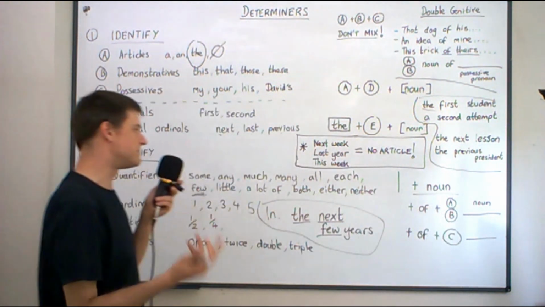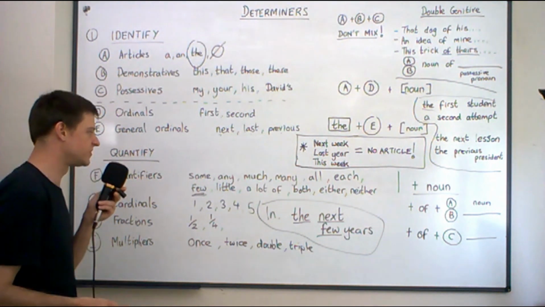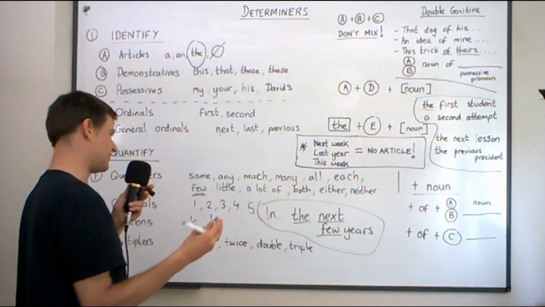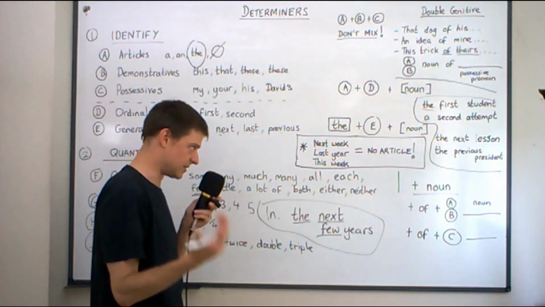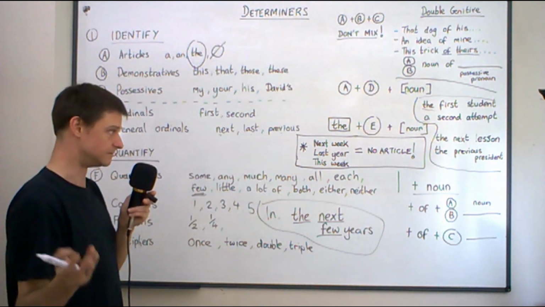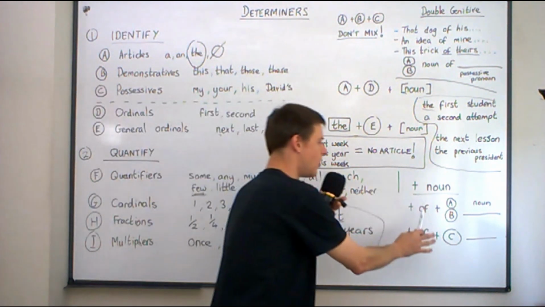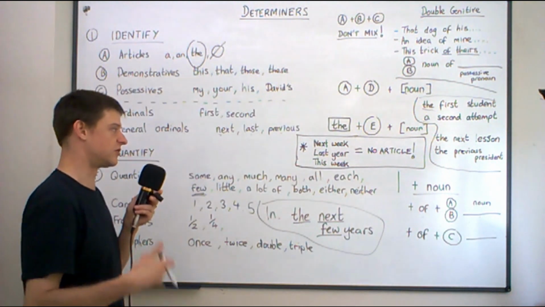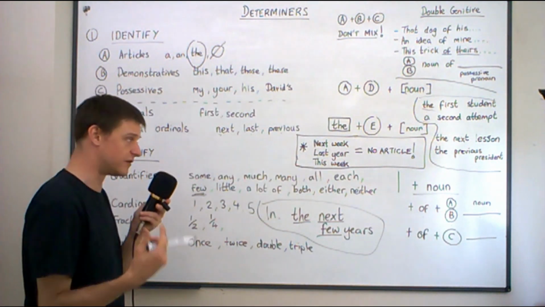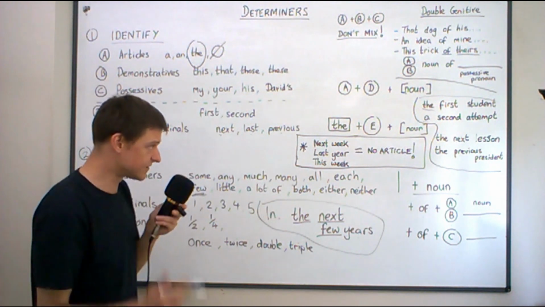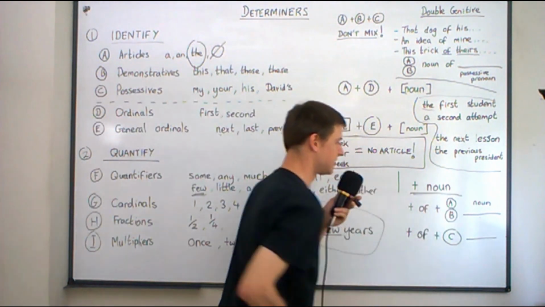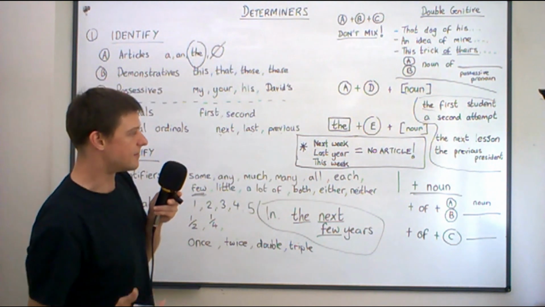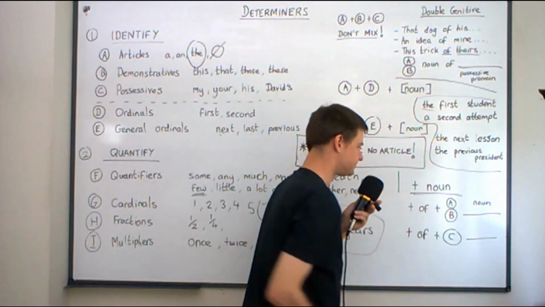Some students, many students, all students, a few students. Yeah, we could do it with just the noun. Or we can say some of the students, most of the students, all of the students, both of the students. So that's something to remember. You can use it with just the quantifier plus noun, or you can say of the.